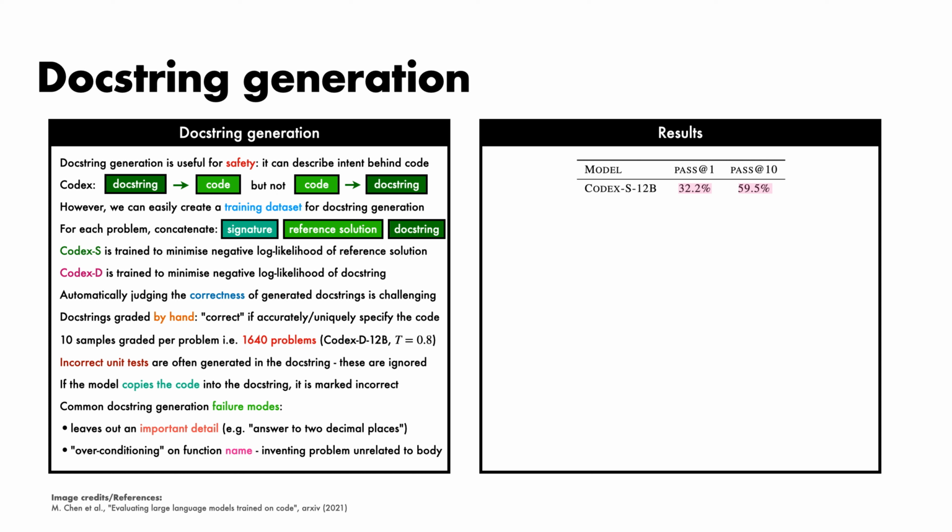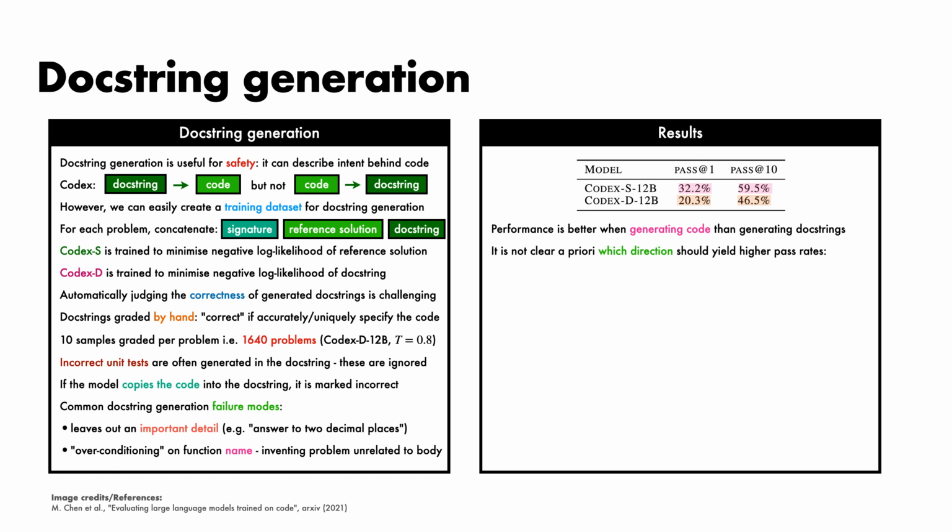Going in the other direction from code to docstrings, the Codex-D 12 billion model achieves a pass@1 of 20.3% and a pass@10 of 46.5%. So we can see that while results are coarsely comparable, performance is better when generating code than generating docstrings.